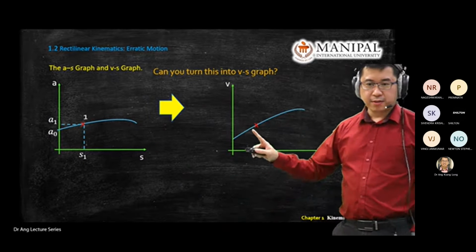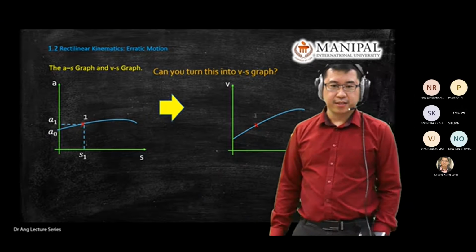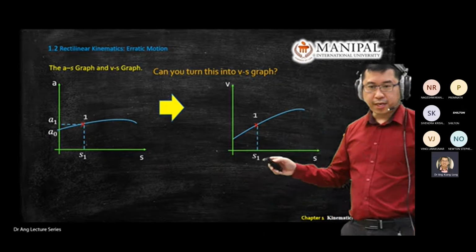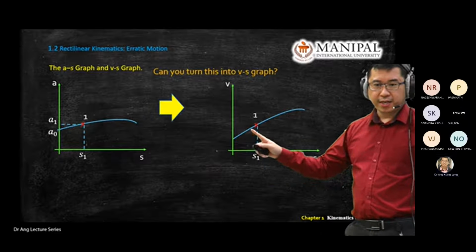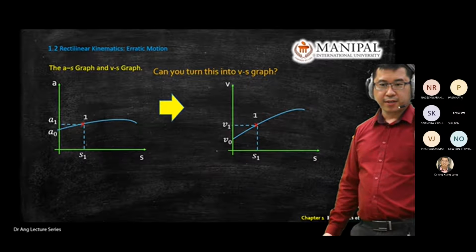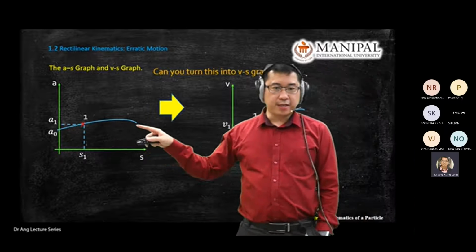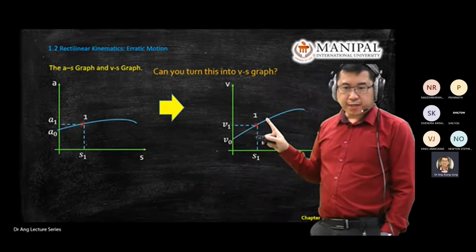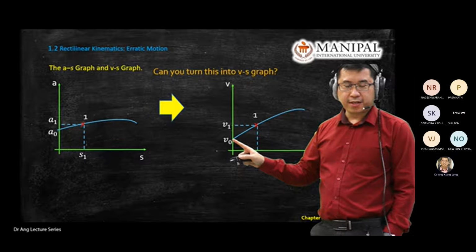How do we get this dot here, with position S1 and velocity 1? Just a side note and reminder: every time the line touches the y-axis, it is an initial element.